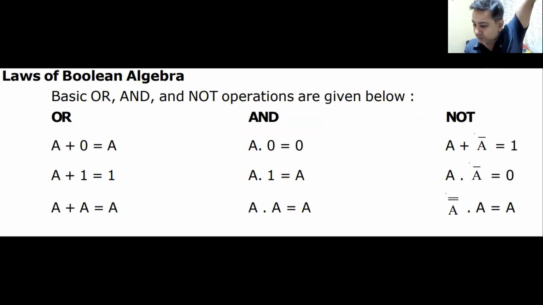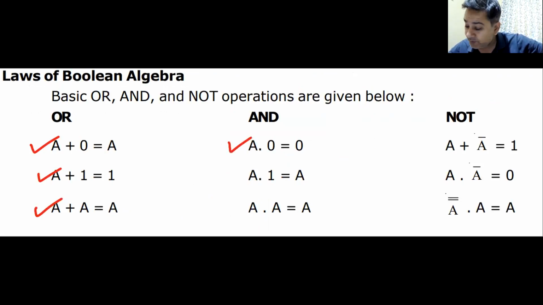Well done. Then you come to the laws of Boolean expression. A plus 0 is A. A plus 1 will be 1. A plus A will be equal to A. A dot 0 will be 0.